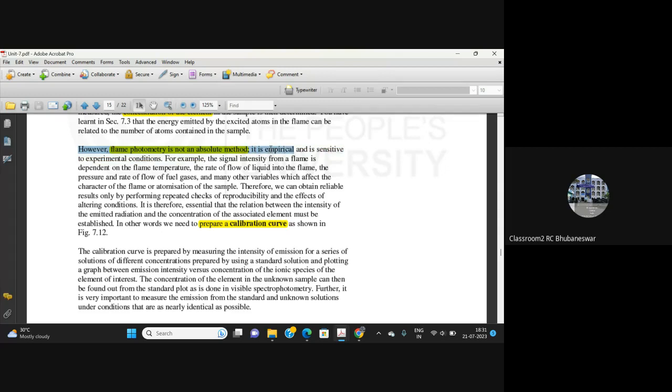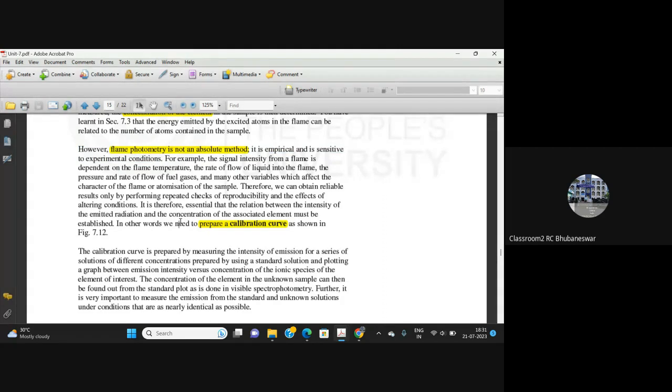It is empirical and sensitive to experimental conditions. You have to prepare the solution in a suitable way, pass it through the nebulizer, then put it into the flame, and you should do that very carefully. I was telling you, every spectroscopy has limitations.